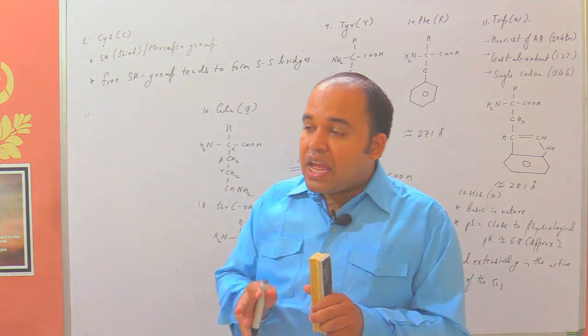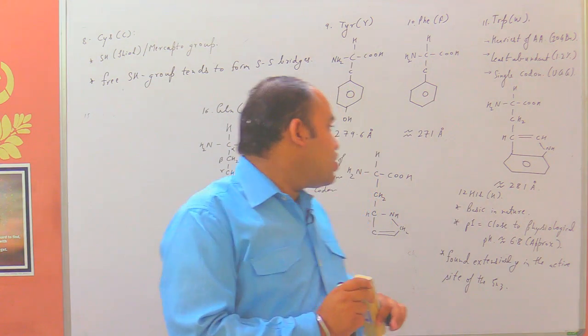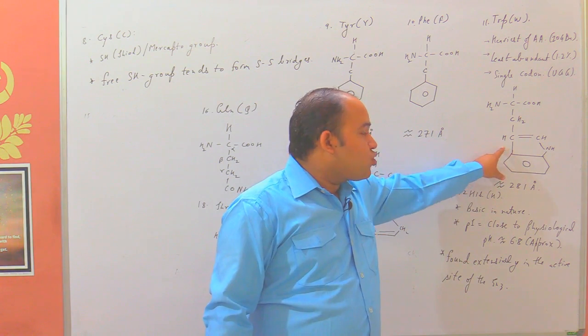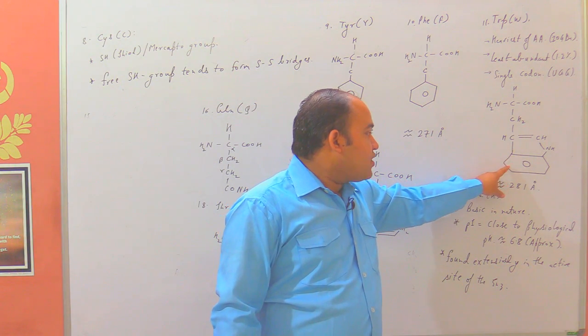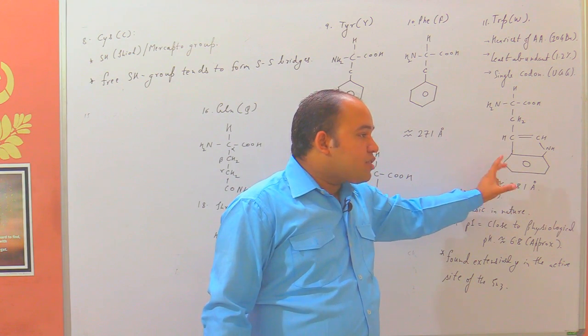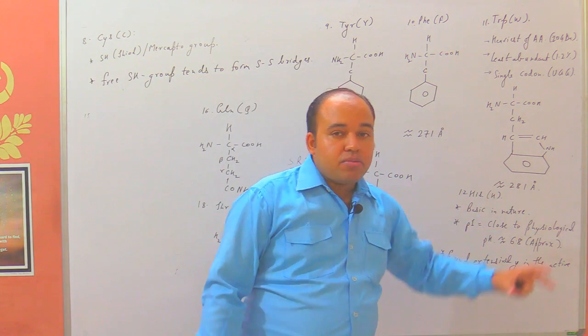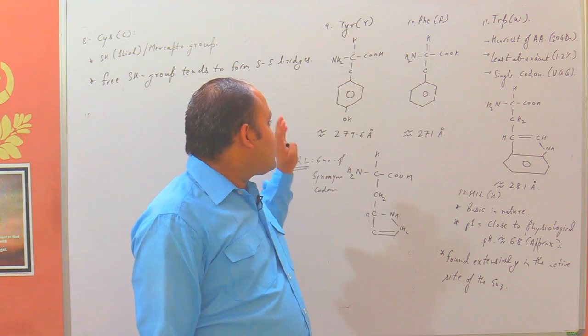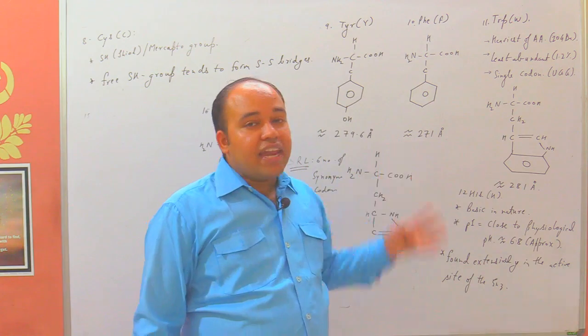Tryptophan absorbs the maximum UV radiation owing to the large number of rings present. There are 2 rings present and the energy can be largely absorbed. That is why it absorbs around 281 nm, the highest.